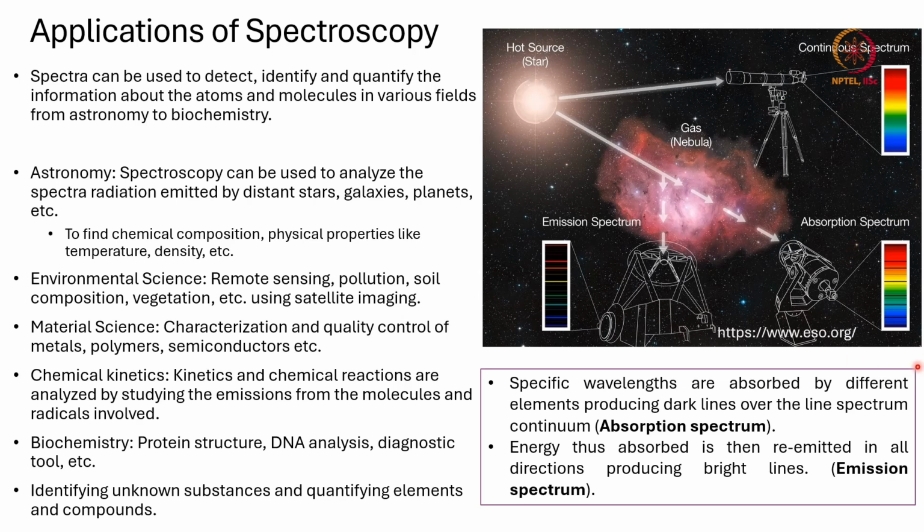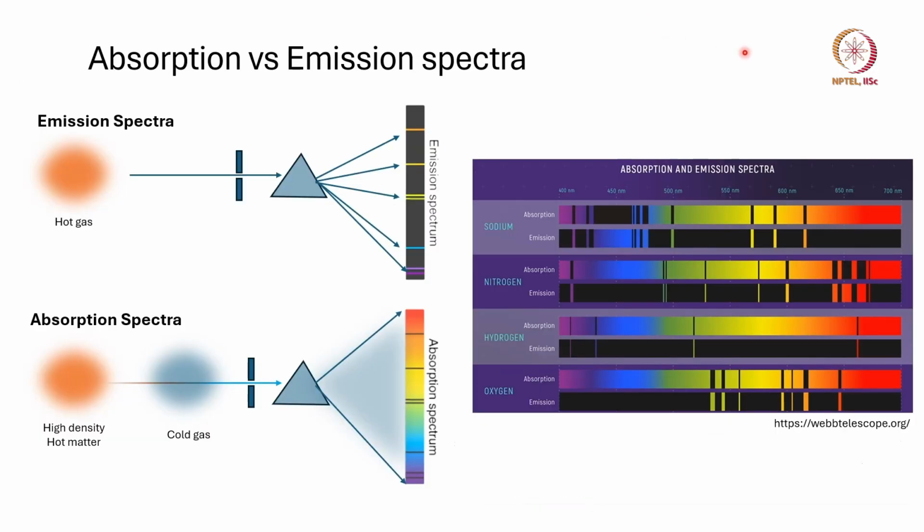Now, let's discuss the two types of spectrum that we have seen, absorption spectrum and emission spectrum. In emission spectrum, as we have discussed before, the molecules in a hot gas emit radiation when they return to a lower energy state. This radiation, when passed through a slit and converted to a beam, then passed through a prism, has its different wavelengths deflected, as we have already explained: the longer wavelengths deflect at shallower angles, whereas the shorter wavelengths deflect at steeper angles.